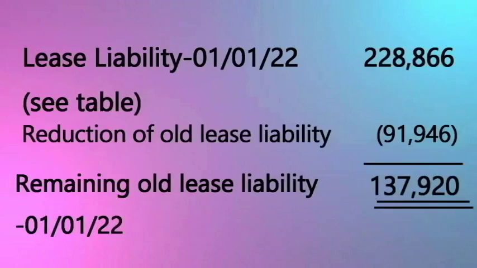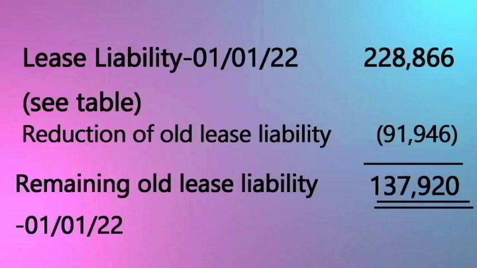So, third step is to get the remaining lease liability as of January 1, 2022, the date of the changes or amendment. So, yung formula nito is yung lease liability January 1, 2022. So, as of nung bago magkaroon ng changes, meron tayong lease liability na 229,866.